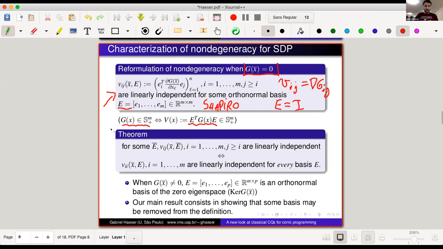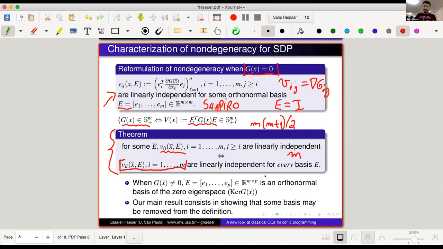So how is our theorem in this case? It's this one. Non-degeneracy is that these vectors Vij are linearly independent for some basis. So here we have our large set of vectors, m times m plus 1 over 2. So this set of roughly m squared vectors is linearly independent if and only if this smaller set of vectors, the Vii's, which are m vectors, are linearly independent.